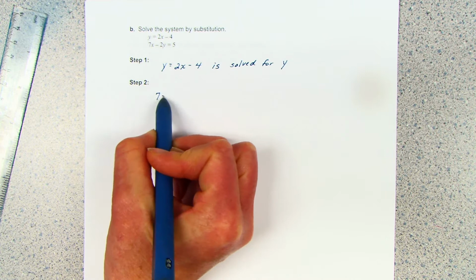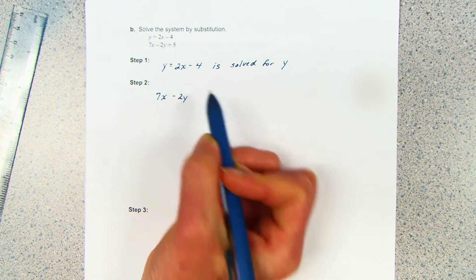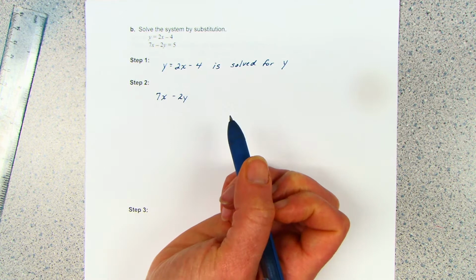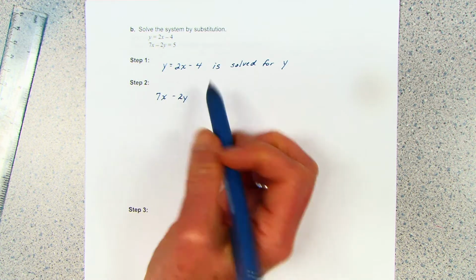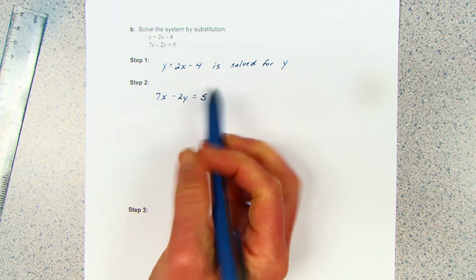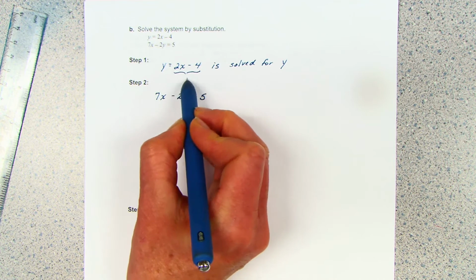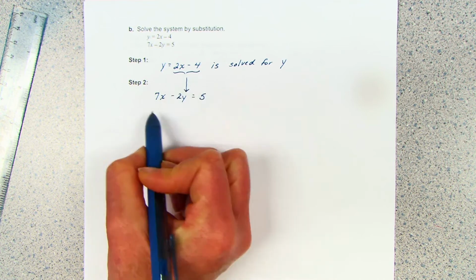So I'm going to make 7x minus 2y equals 5. And this is what y is, so I'm going to substitute it in right there.